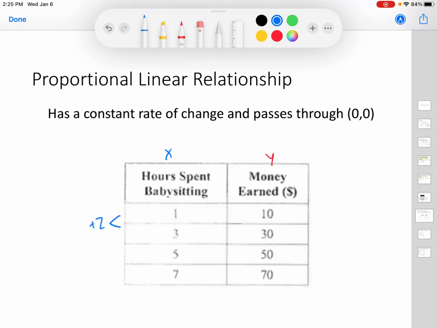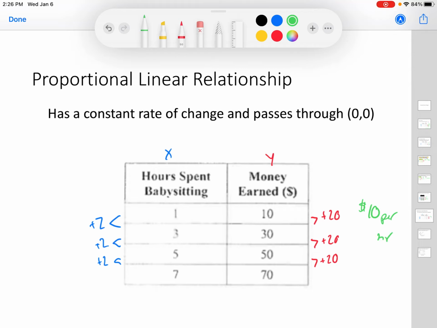So +2, +2, +2, and for our y's, we have +20, +20, +20. And then when we divide this out, we can see that it's $10 per hour, dollars per hour.